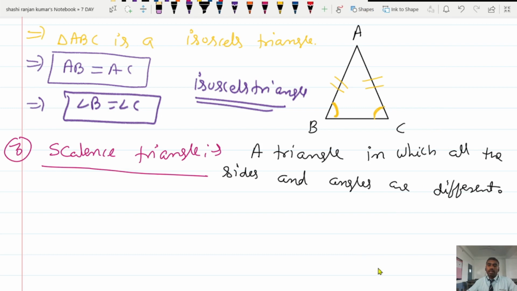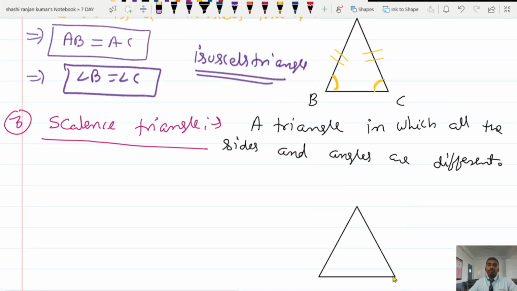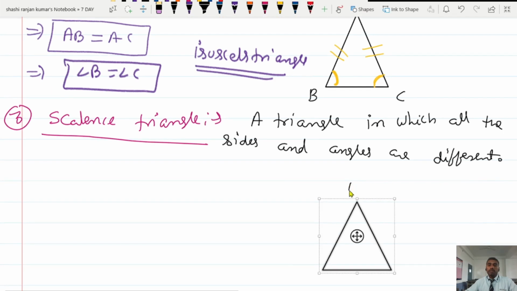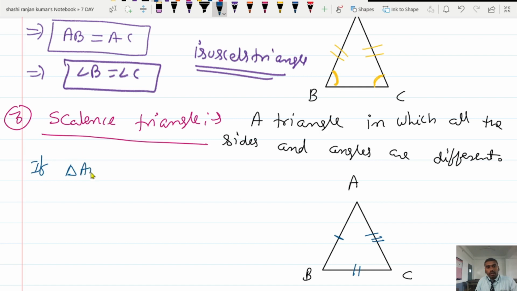Let us suppose this is the scalene triangle we have taken. This is the point A, this is B, and this is C. In this triangle all the sides are different. This is one side, and this is the other side, and this is the other side. So all the sides and all the angles are different. If I say triangle ABC is a scalene triangle, it means side AB is not equal to BC, is not equal to AC.